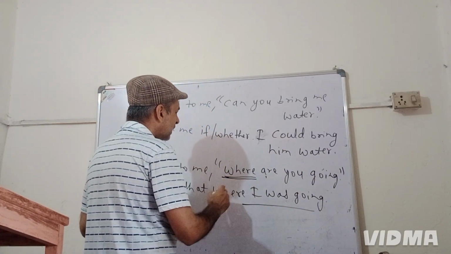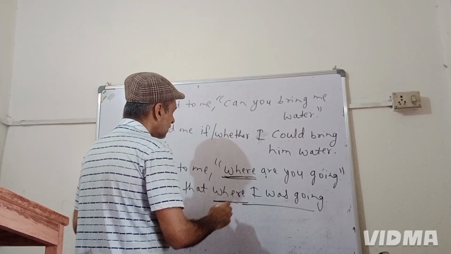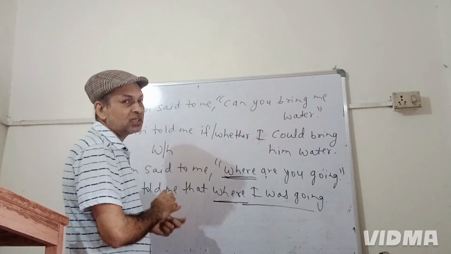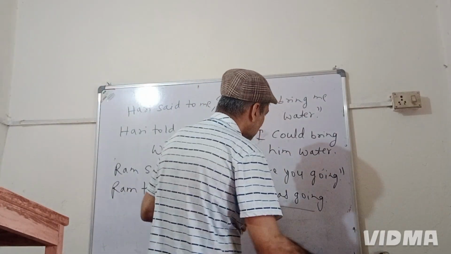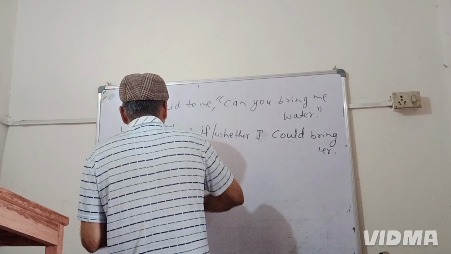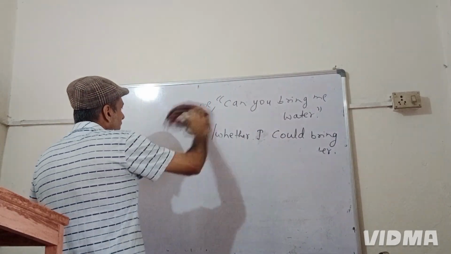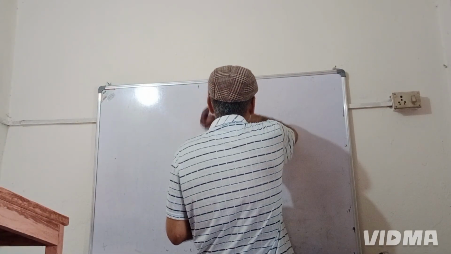And one example I would like to give you is the universal fact. In case of a universal fact, if it is a universal truth, then it is the same. Like Ram said the earth is round. Ram said that the earth is round.